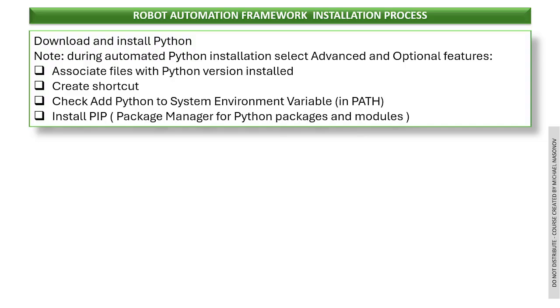Also, you need to check Add Python to system environment variable and verify it later in your system path. Install pip, which stands for Package Manager for Python packages and modules.